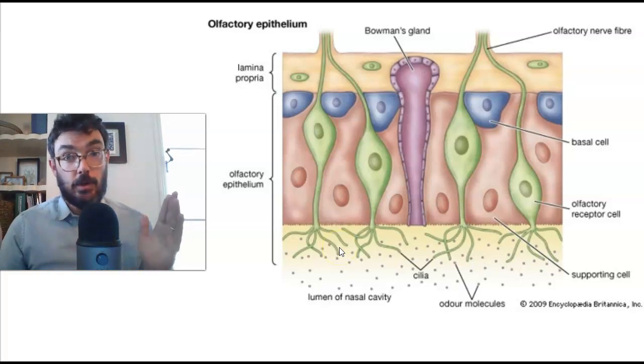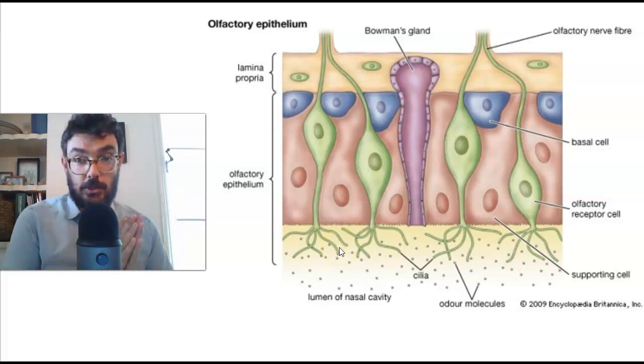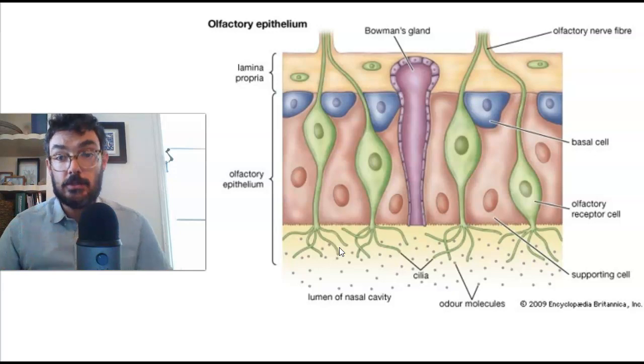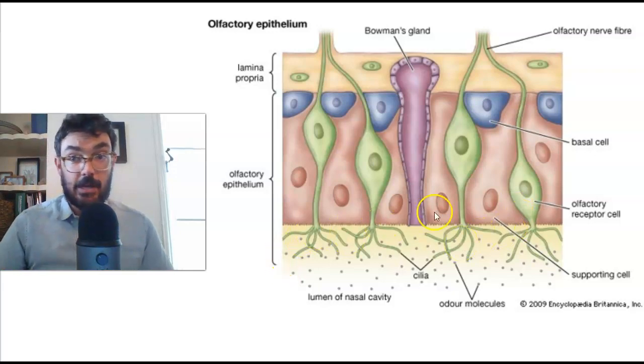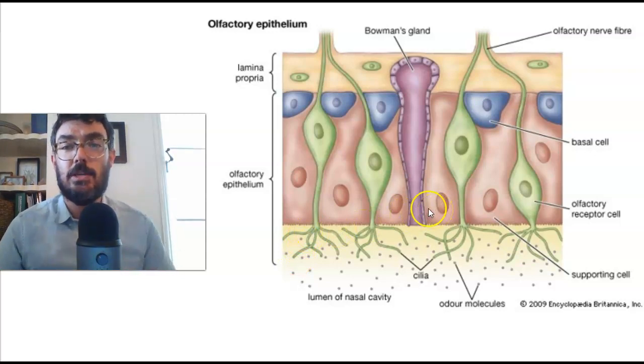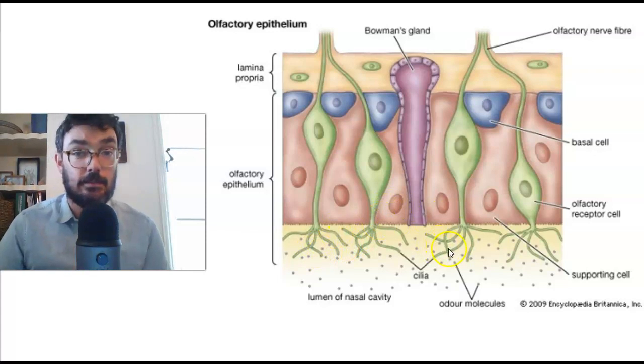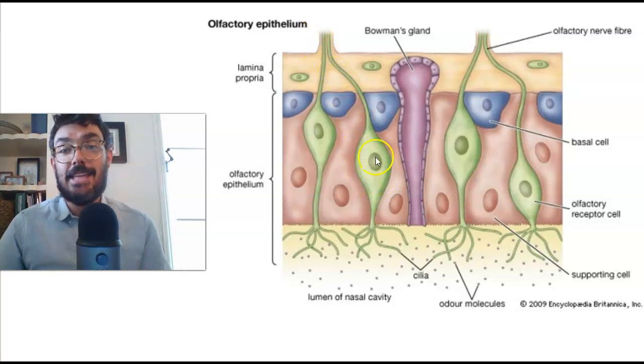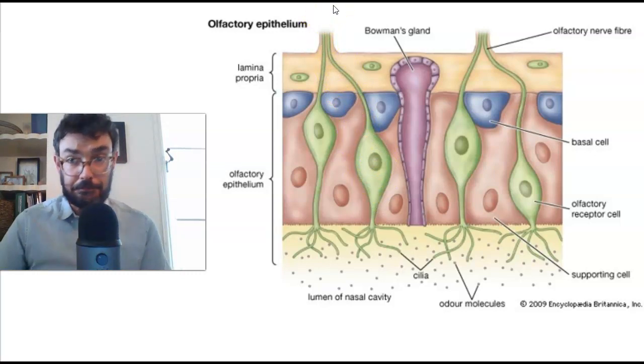Now, this is where we go from reception to perception, because just because you're detecting some kind of odorant in the environment, it doesn't necessarily mean that your brain needs to do something with that information. So the reception part here is that these odorants are detected by a receptor. Now, these neurons are going to fire, and they're going to send a signal up to the brain.